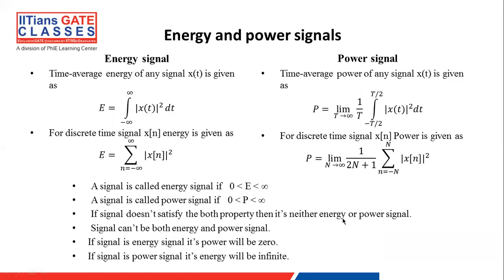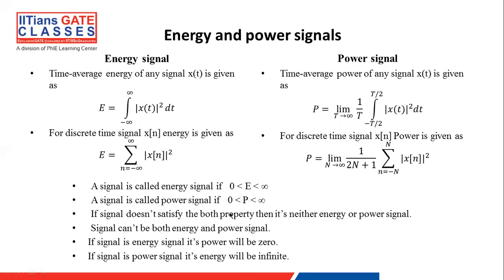Now let's say any signal x(t) is given, and you calculated its energy, and then you calculated its power. When we calculate its energy, if its energy is in this range, we conclude that the signal is an energy signal. And if the signal is not following this property, then it is not an energy signal.